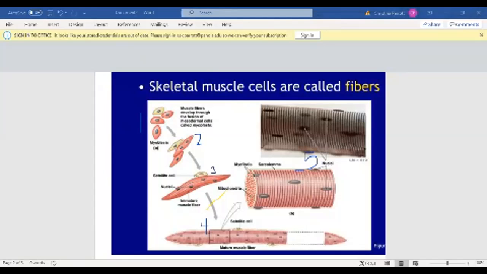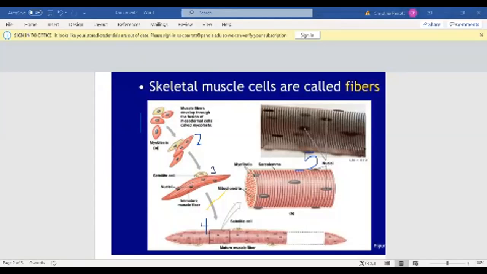Okay, so from picture 1 to picture 2, you'll see 2 of those pink myoblast cells merge. Then in picture 3, you can see where 4 of those cells have merged together, and you know 4 have merged because you have 4 nuclei, okay?